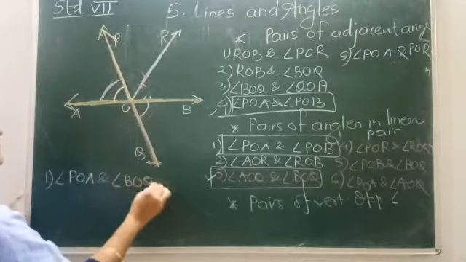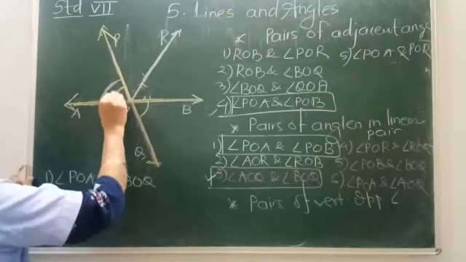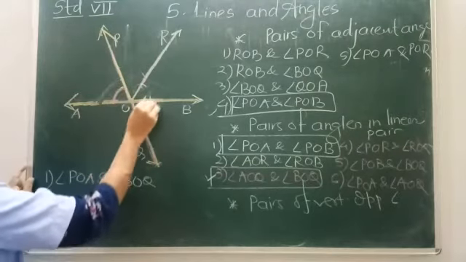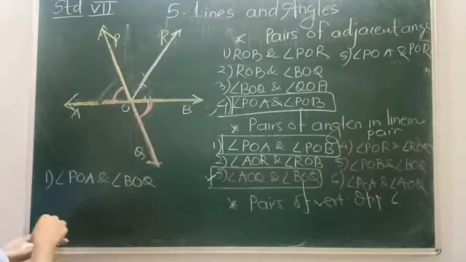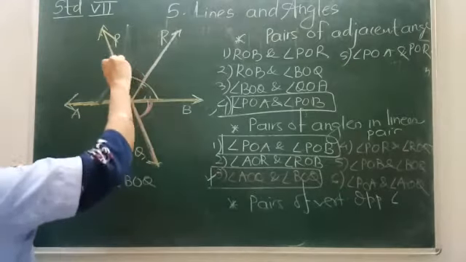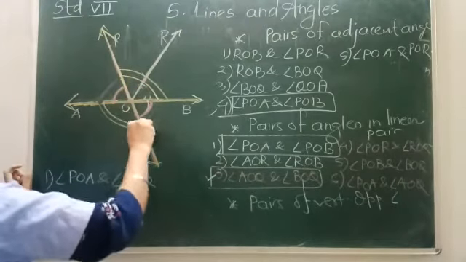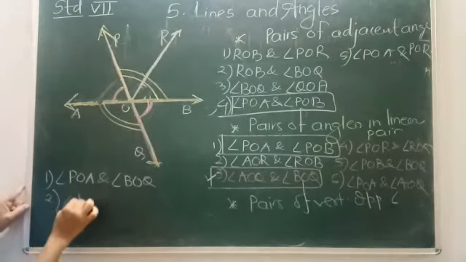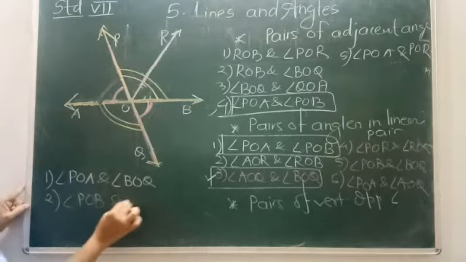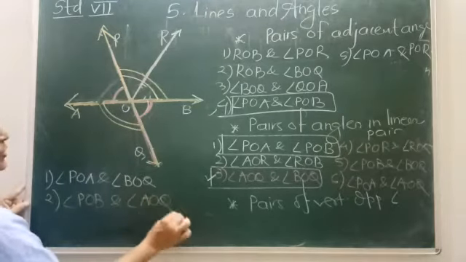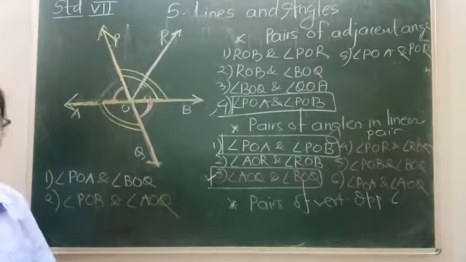Are you all able to understand this? I hope you can. Secondly, another pair is angle POB and angle AOQ. These are the vertically opposite angles.